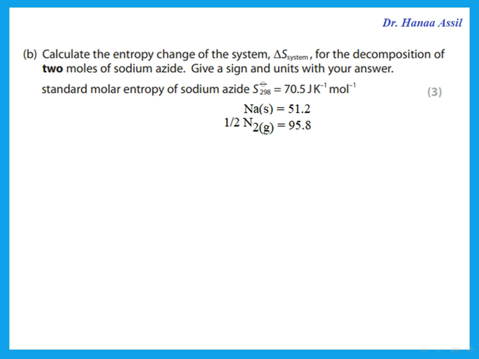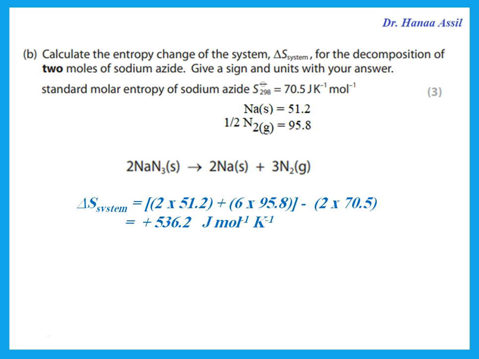Then he says, calculate the entropy change of the system. So delta S of the system, we said, how do we do that? If this is the equation, the delta S of the system is the entropies of products minus entropy of reactant. Don't forget to multiply. If we have 2 sodium, you multiply the 1 for sodium by 2. He gives me the molar entropy of N2.